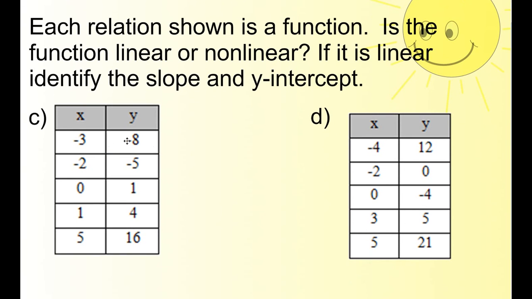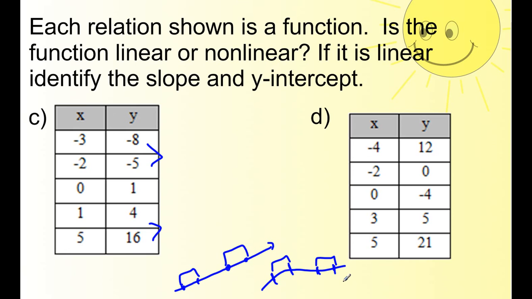So if I find the slope of these 2 points and those 2 points, if the slope stays the same, it would be linear, because for the slope to stay the same, you'd have to be going on the same straight line. If you pick 2 points here, you get whatever slope that is. You pick 2 other points, you get the exact same slope. The only way the slope would be different is if you're curving, and then the slope between here is different than the slope over there.